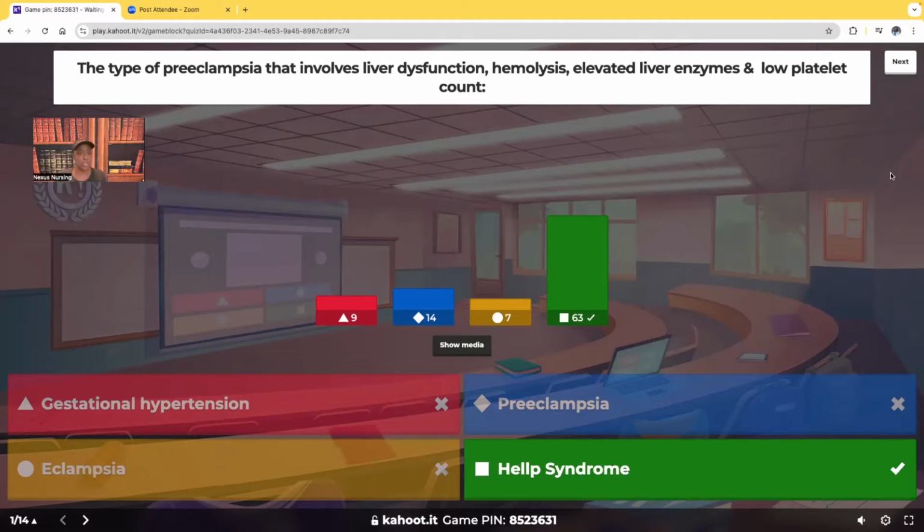Now let's talk about the other choices. We have gestational hypertension. This is hypertension during pregnancy. Here's the thing. No protein in the urine, right? Once there's protein in the urine, once there's hypertension, once it's been 20 weeks or more of gestation, that's preeclampsia.